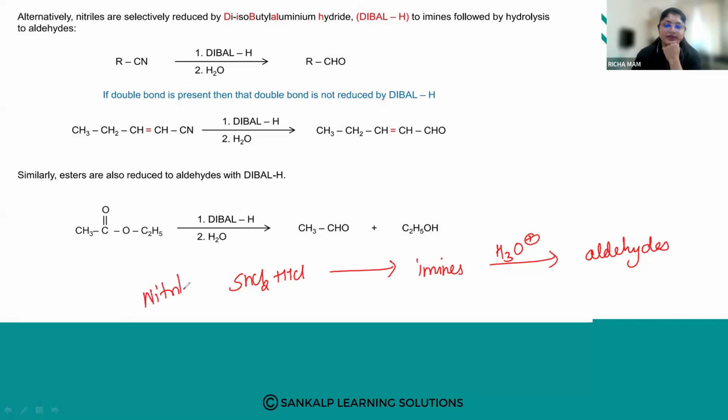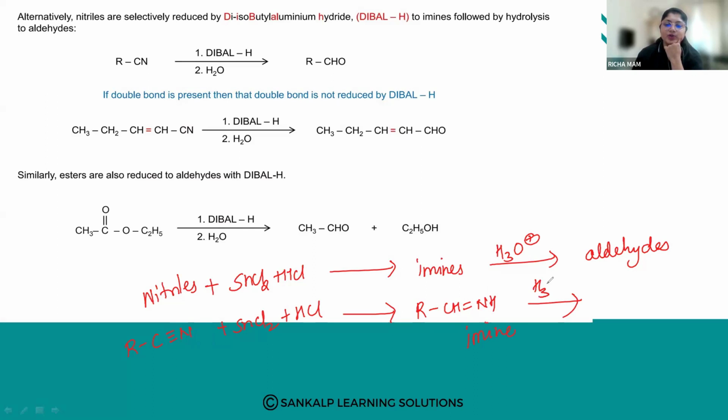Nitrile is R C triple bond N. In the presence of stannous chloride and HCl it will give you an imine system, RCH double bond NH.